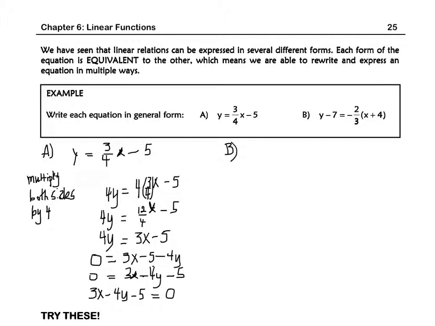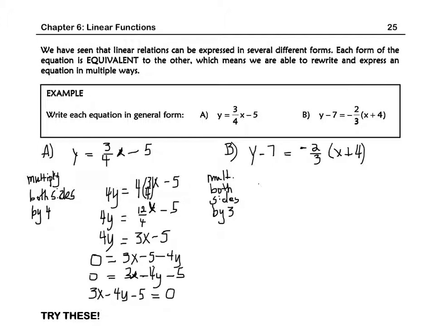So this one here, we start off with y minus 7 equals negative 2/3 outside of x plus 4. So again, you want to get rid of the fractions, so you're going to multiply both sides by 3, the denominator.